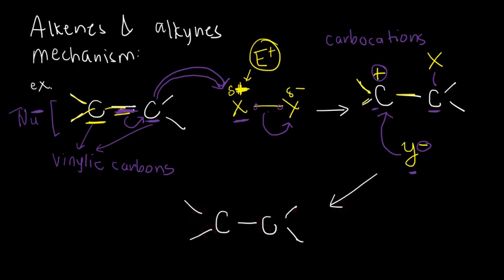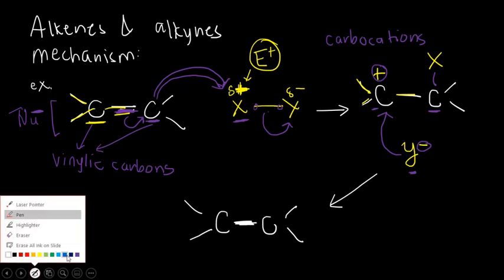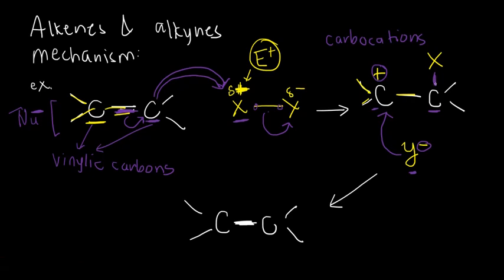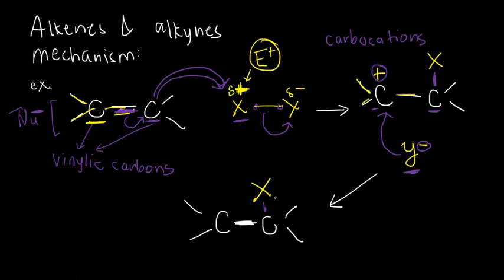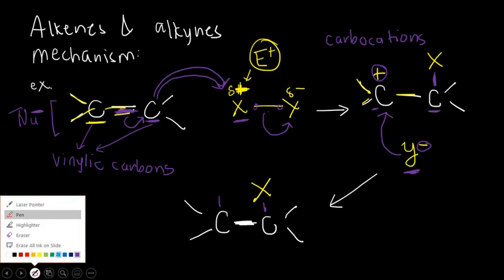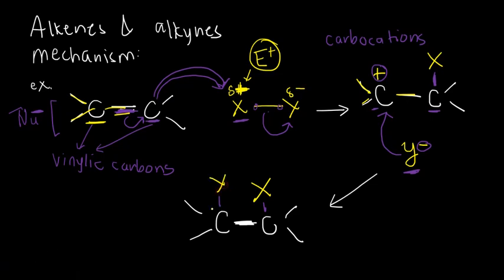So again, remember, the double bond is now a single bond. And a while ago, I already showed you that one of my carbons is already attached to X. And now, on top of that, we already see that our Y is also attached to the other carbon, like so. And so, this is the complete final product.